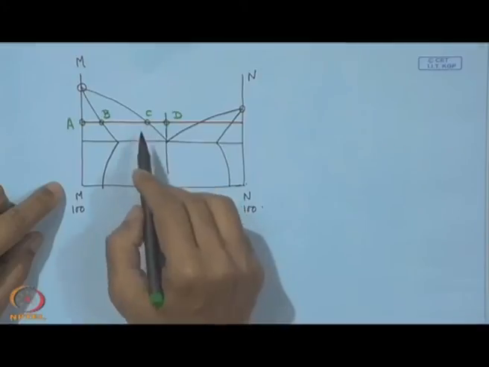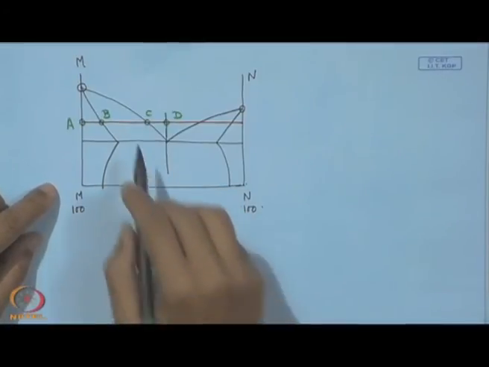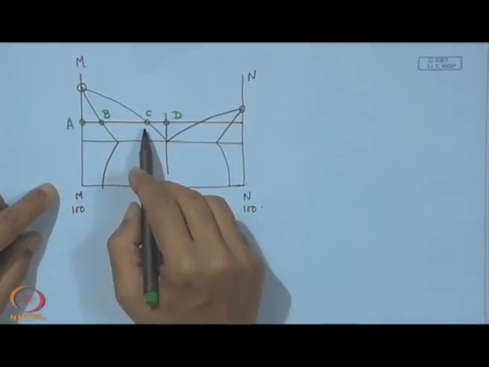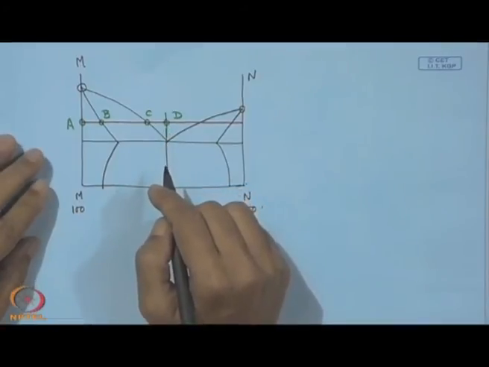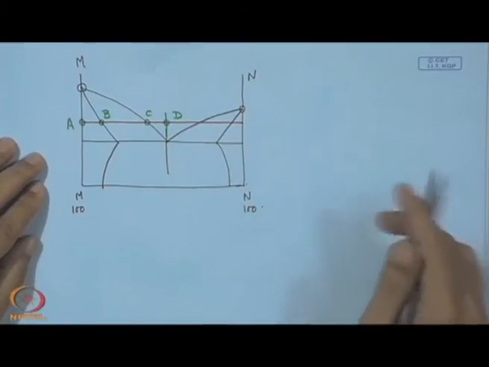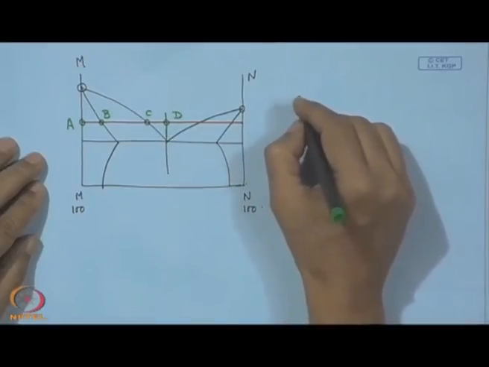Similarly, C is also one limiting position where it can assume the liquid form, and D is also in the liquid state.